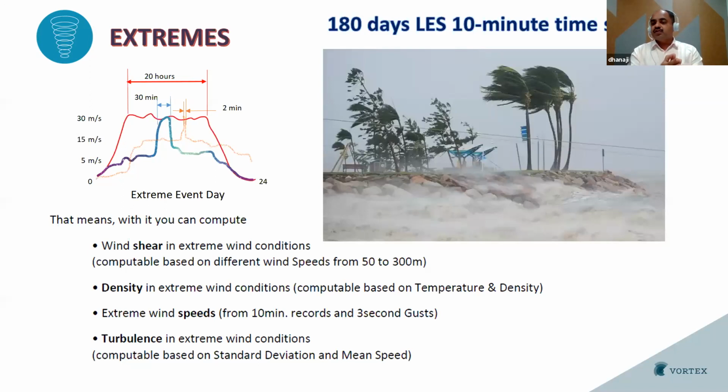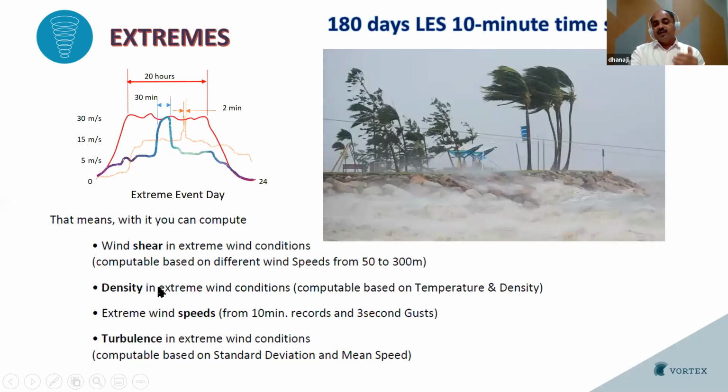And what is important in this case is that, not only for analyzing the extreme event damage, or for designing the foundation, or for the load calculation, not only the extremes number, but as we are giving 180 days of complete 10-minute time series data, we are able to know how the extreme event evolved on that particular day.